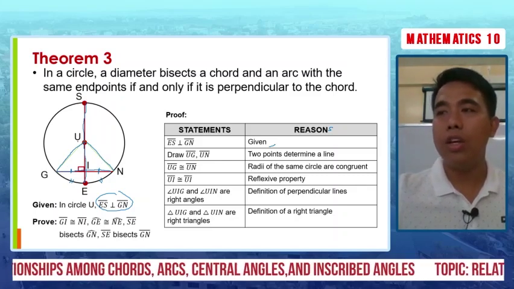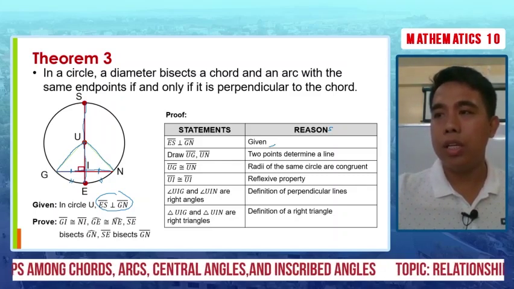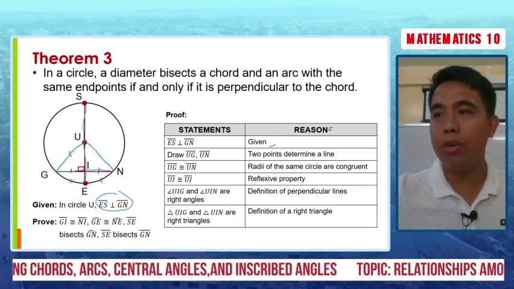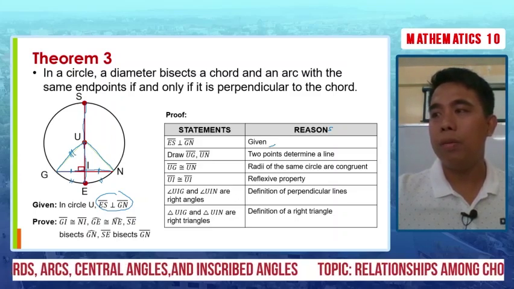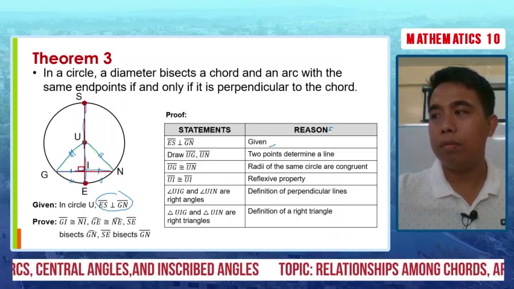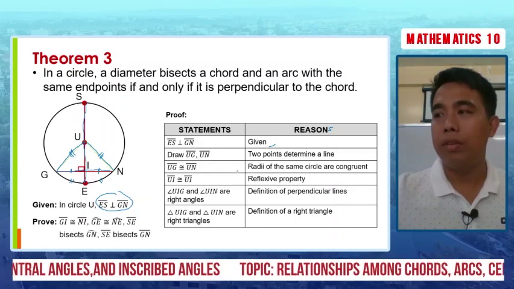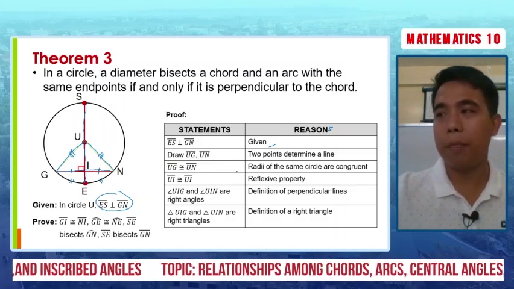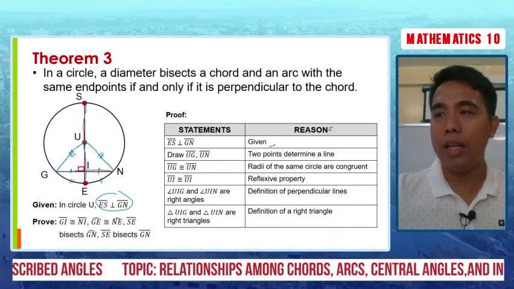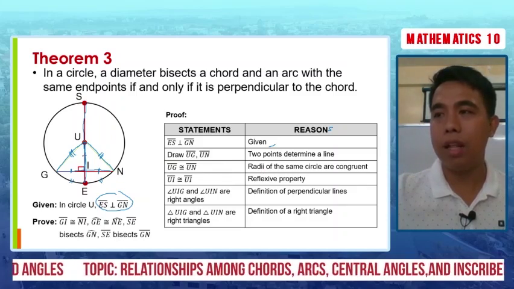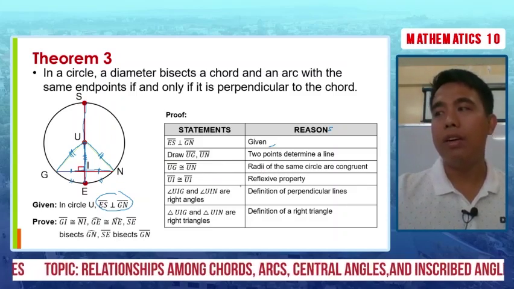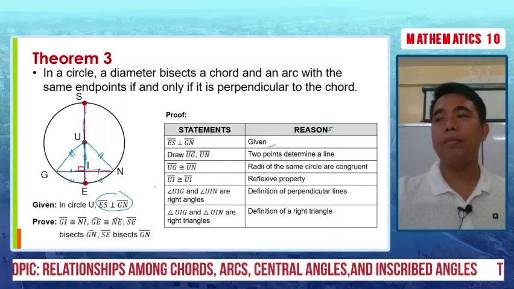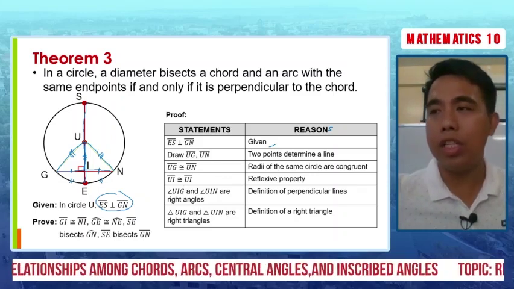After that, UG is congruent to UN. Reason, radii of the same circle are congruent. And then UI is congruent to itself. Reason, reflexive property.